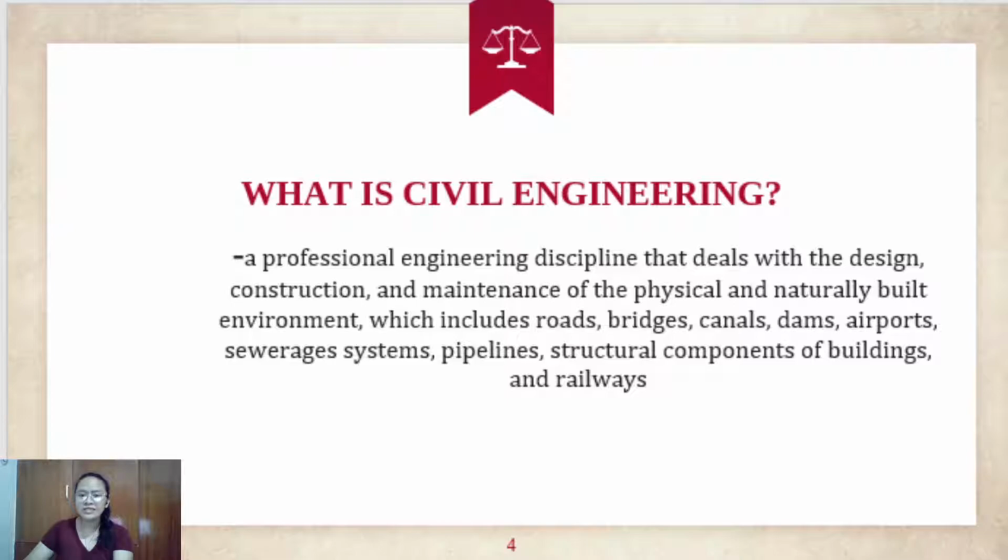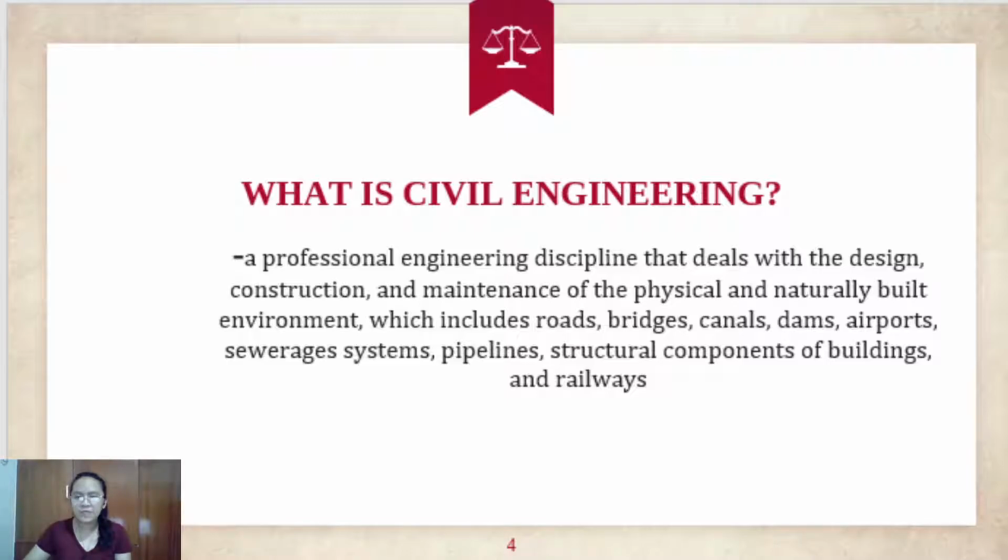And then let us discuss a brief history of civil engineering. It is difficult to determine the history of emergence and beginning of civil engineering. However, the history of civil engineering is a mirror of the history of the human beings on this earth.